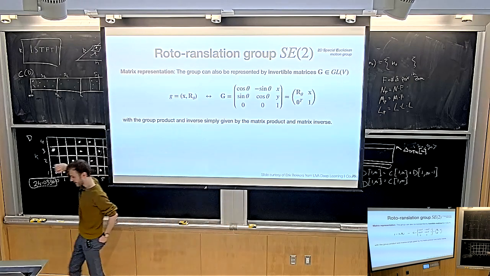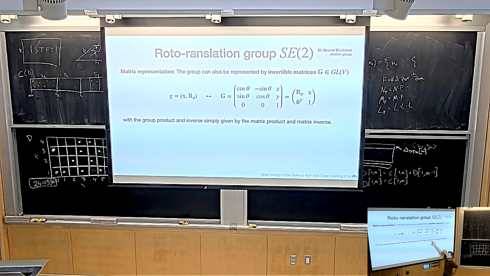So every group has a matrix representation. For instance, for SE2, we already said SE2 is represented by these matrices here. It has the translation vector on the right, the rotation matrix on the top left, and then it has the 0, 0, 1. So this is the matrix representation of the group SE2. But the group SE2 are not these matrices. Instead, you can identify any element of the group SE2 in other ways.